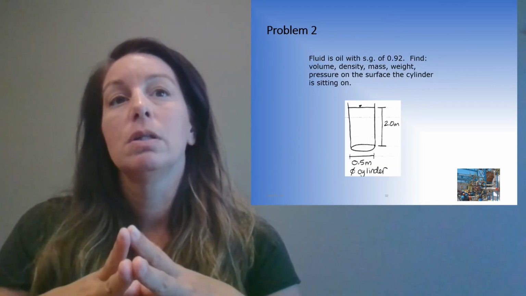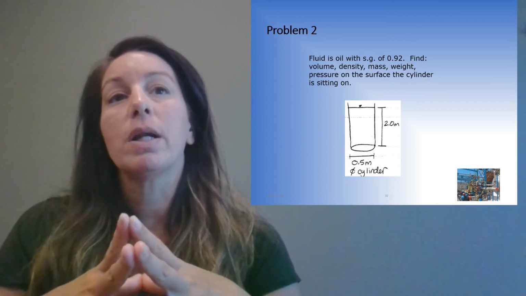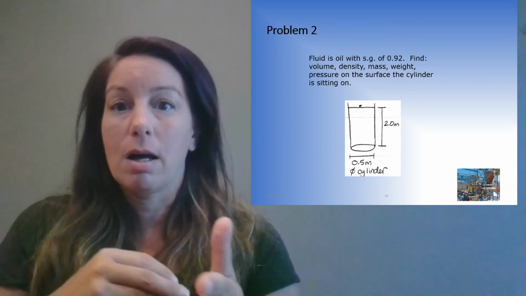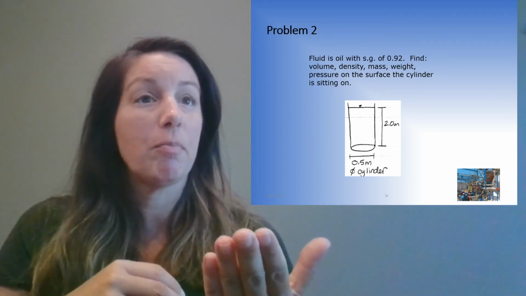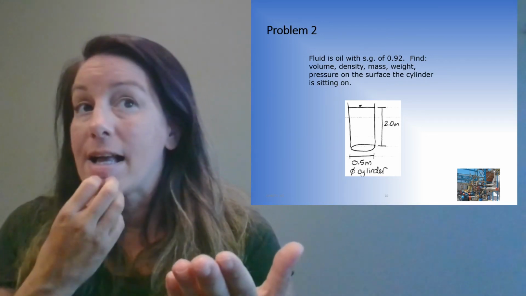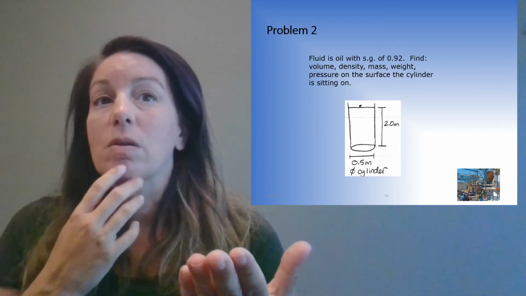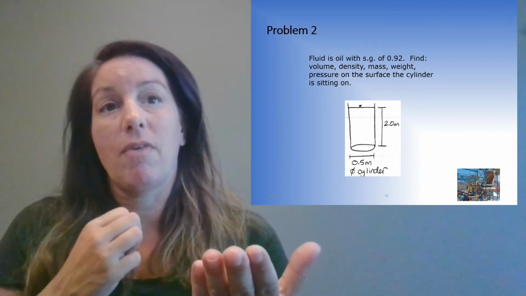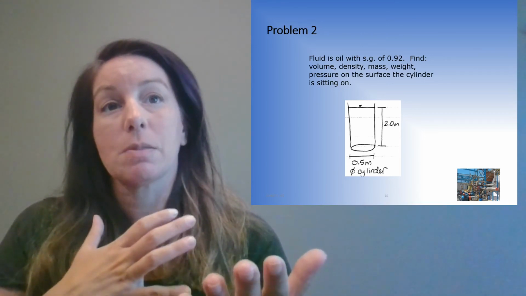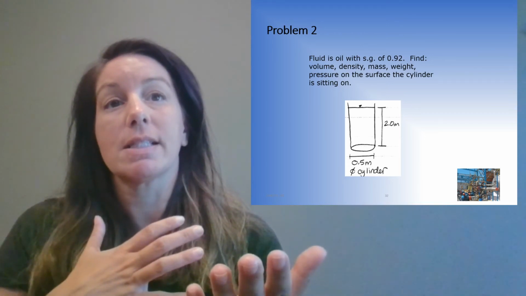Problem 2, fluid is oil. You've got the specific gravity of 0.92. Find the volume, density, mass, weight, and pressure on the surface of the cylinder it's sitting on.